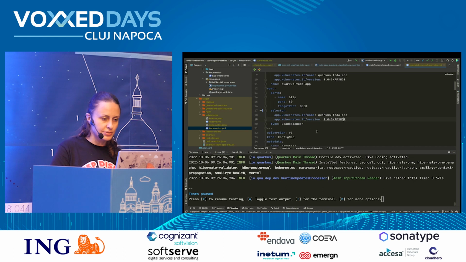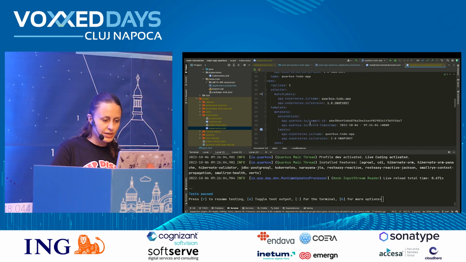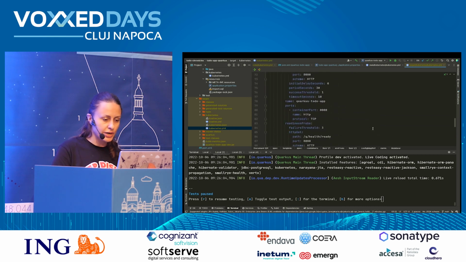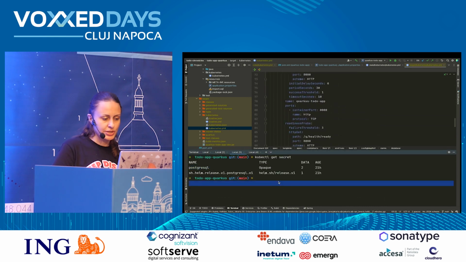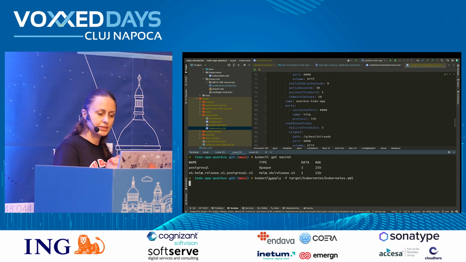So let's go here. Services load balancer is great. In my deployment, let's see, I have the environment from the config map reference, from the secret reference. Everything looks quite good. So I just can go here and say kubectl apply -f target/kubernetes.yaml, and that's it.